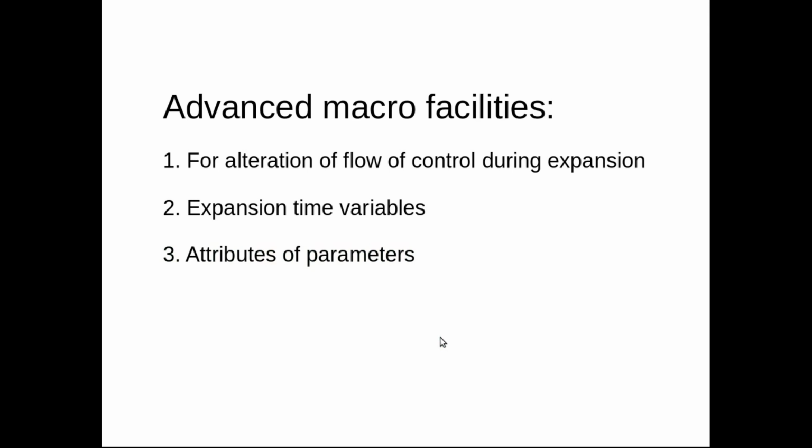So we have some advanced macro facilities. These advanced macro facilities allow us to alter the flow of control during expansion. So at the time of macro expansion, we can change the flow of control.